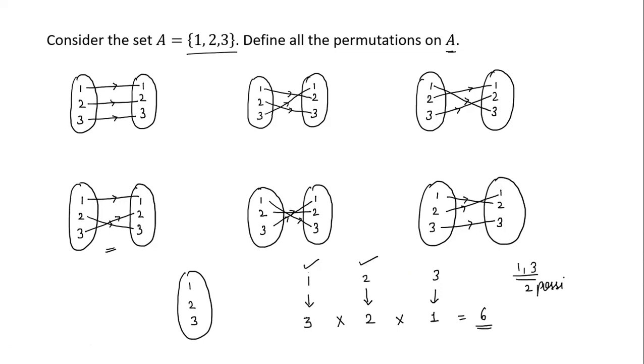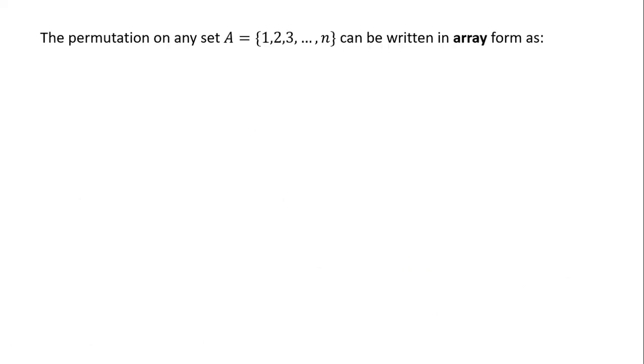Alright, so now we drew all the permutations. These permutations can even be written in array form. So how can we write any permutation in array form? Let alpha be any permutation on set A equal to 1, 2, 3, and so on till n.